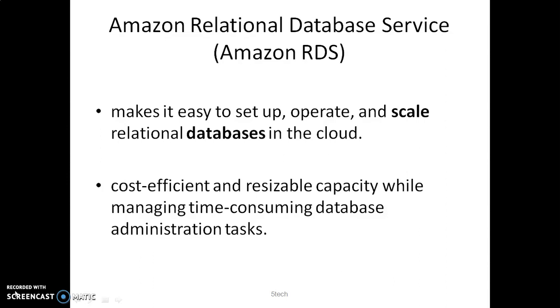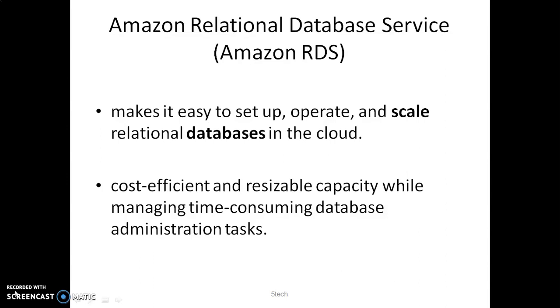And why is elasticity used here? It is cost saving. If you don't need the database and you have got extra space or extra storage taken, you don't have to pay for it. And if the database starts swelling, in that case you need to scale up. You cannot do it manually.